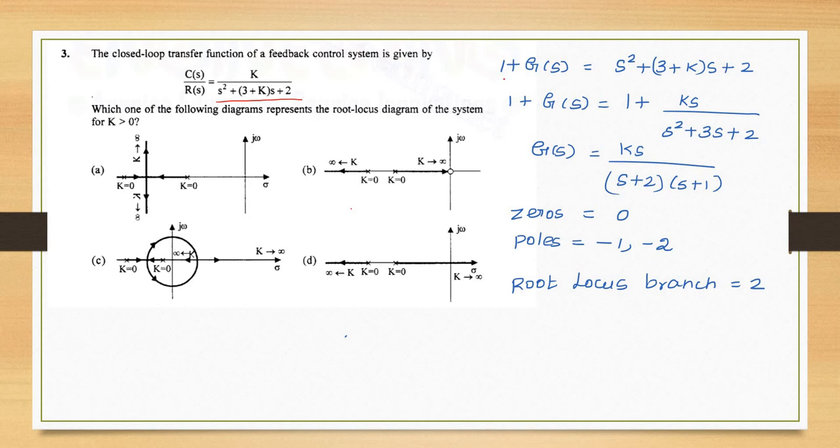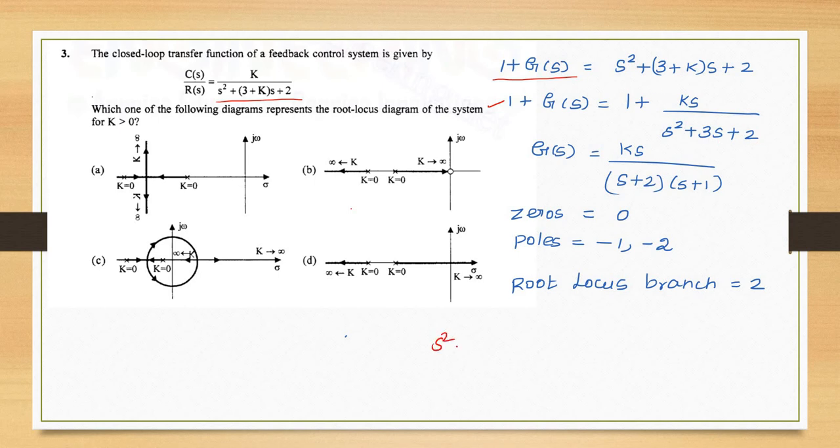How to represent this is 1 + G(s), which should be equal to s² + (3 + K)s + 2. Rewrite the equation like this: 1 + G(s) = s² + 3s + Ks + 2. Now I am going to separate Ks, so I have to divide the equation by s² + 3s + 2.